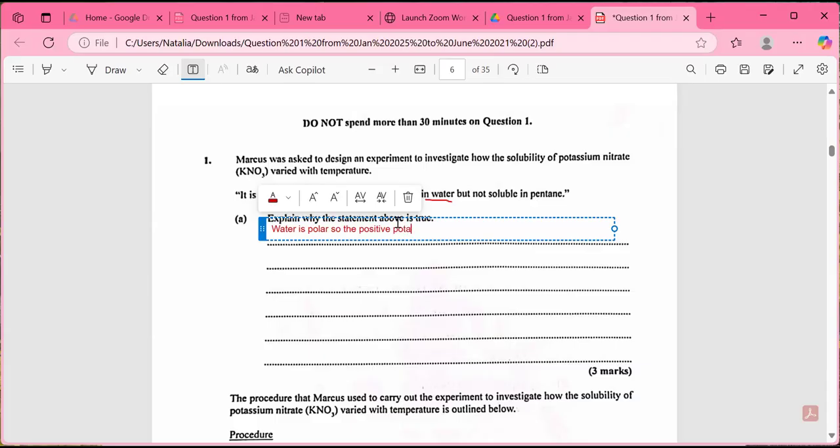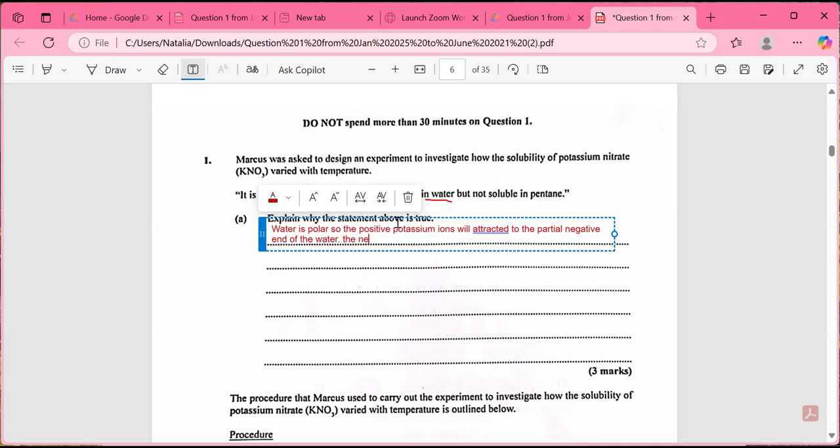The nitrate. Positive potassium ions will be attracted to the partial what? Partial negative end of the water.